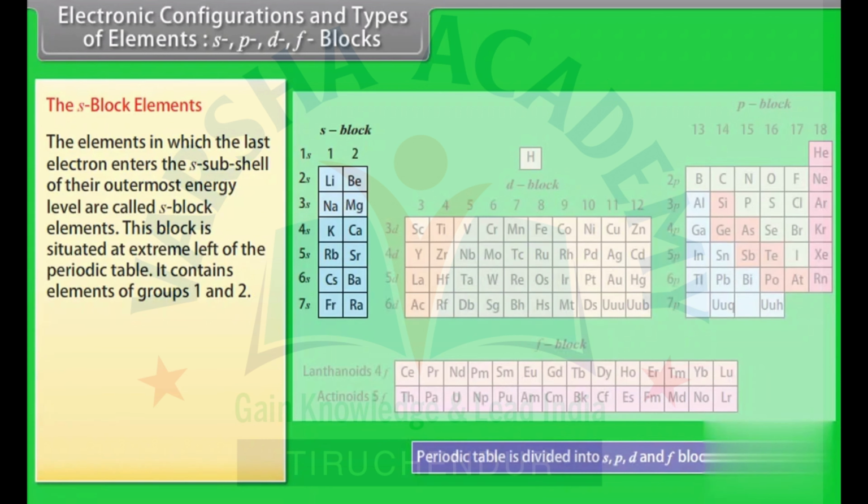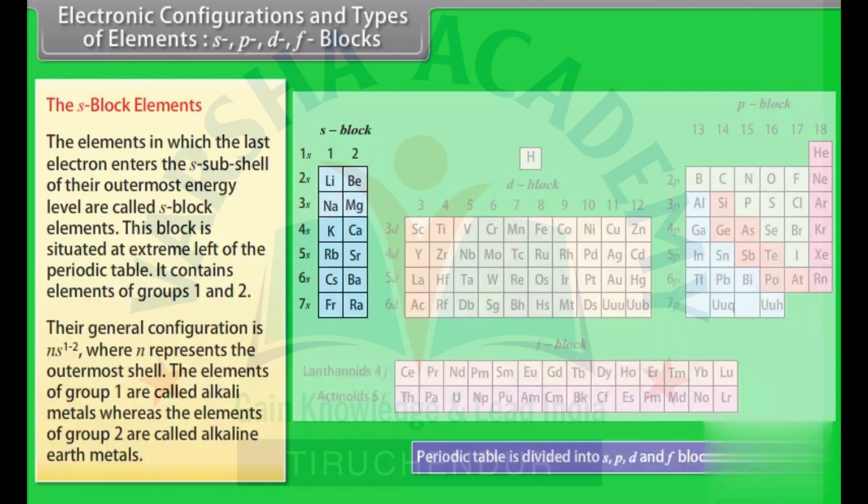This block is situated at the extreme left of the periodic table. It contains elements of groups 1 and 2. Their general configuration is ns1-2, where n represents the outermost shell. The elements of group 1 are called alkali metals, whereas the elements of group 2 are called alkaline earth metals.